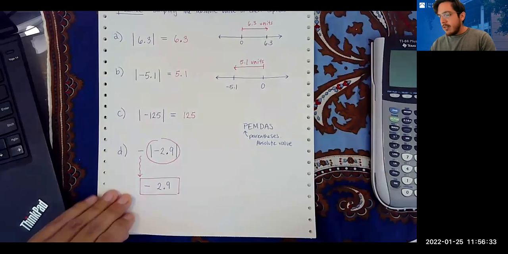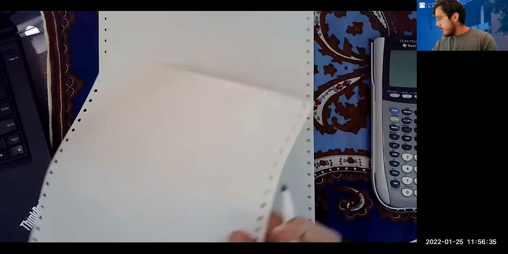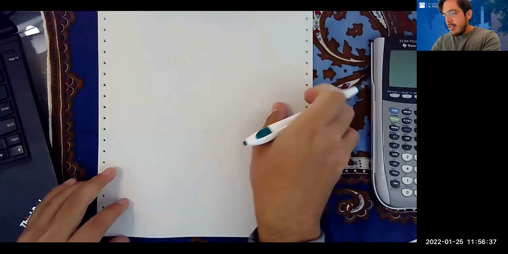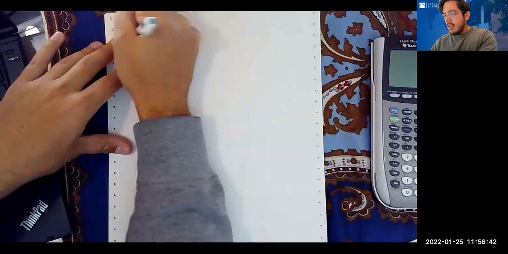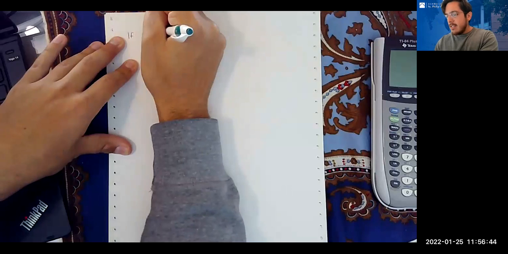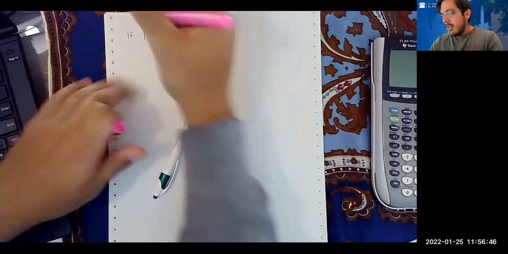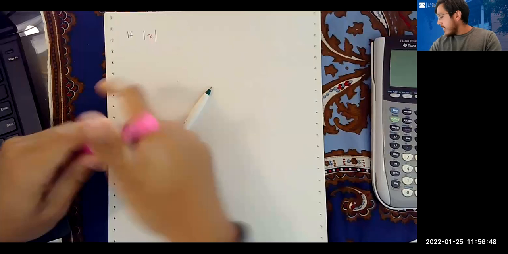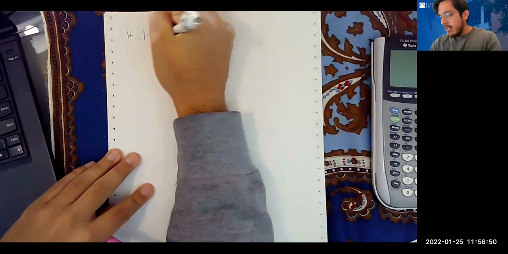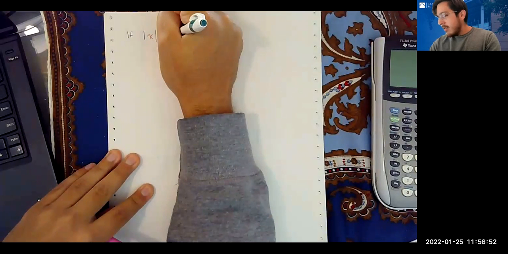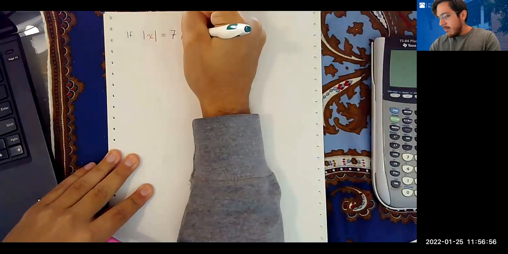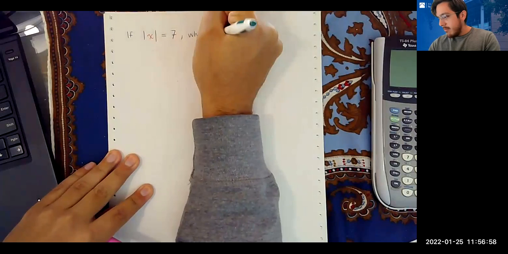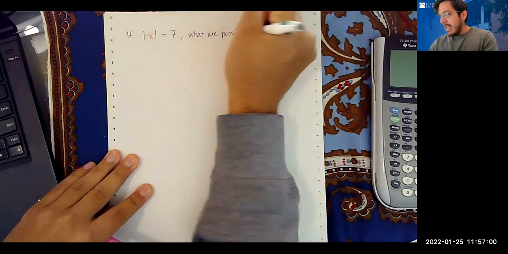Another type of question that you're going to see in your homework looks more like this. If the absolute value of x is equal to 7, what are the possible values of x?